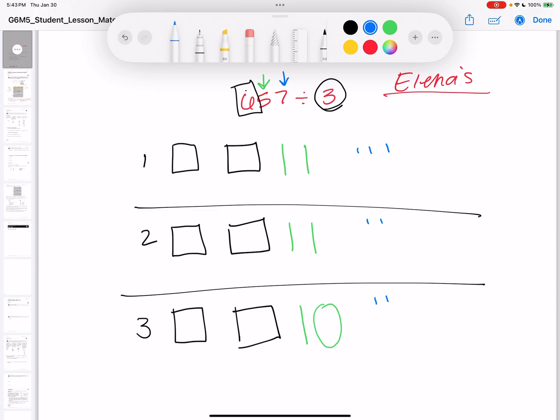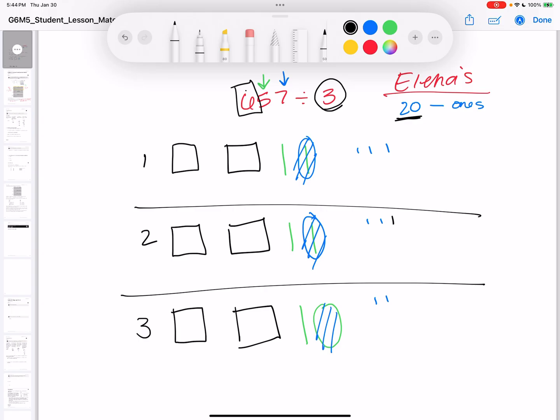So what Elena would do is she would take these 2 tens, just like she did last time, and she's going to break them into 1s. So I would have 20 more 1s. So we would remove those from here. So now the 10s each have 1 10 in them, and then I need to continue with my 1s separating these 20. So I'm going to do those 20 in black. So the group 1 already has 3, group 2 only has 2.